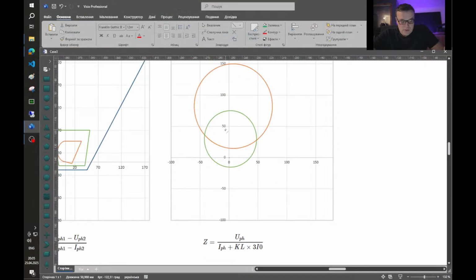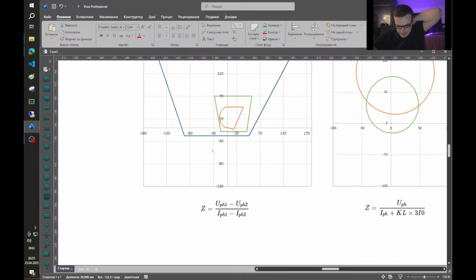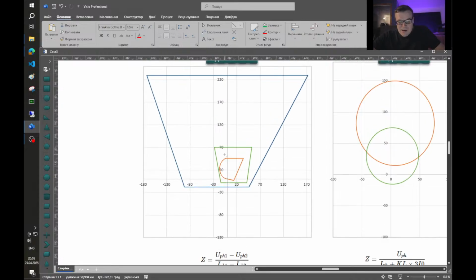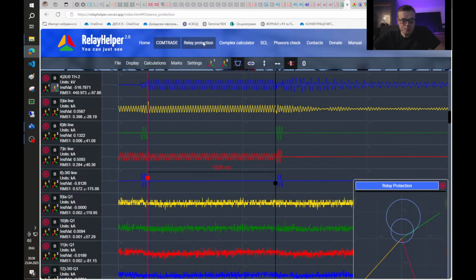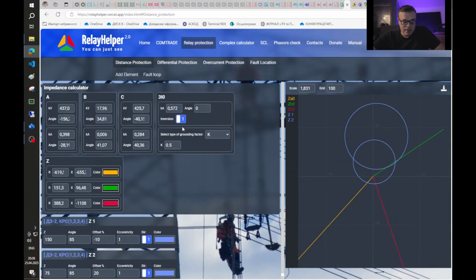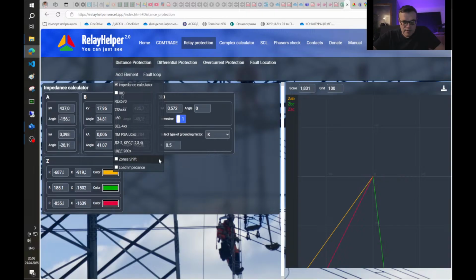I want to show one more time that it looks like that, and calculates impedance just by the classical equation. In the RelayHelper app, I don't have this particular protection, but we have, so let's remove this one.